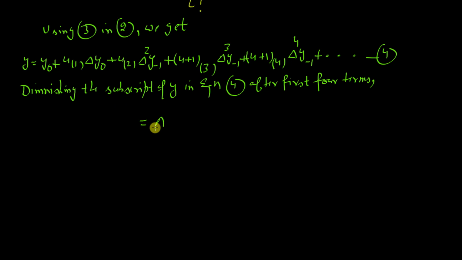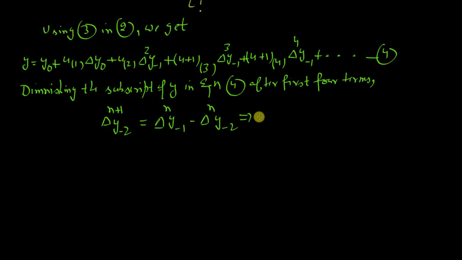So we will be writing here delta n y minus 1, and 1 less of minus 1 is minus 2, and we know by formula this is delta n plus 1 y minus 2. Fine.